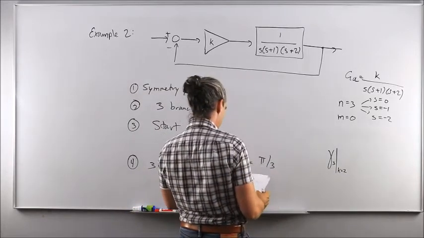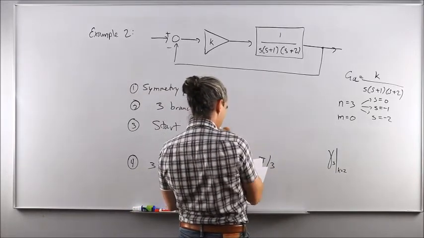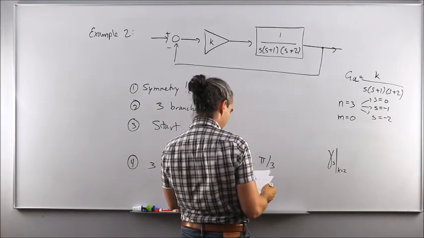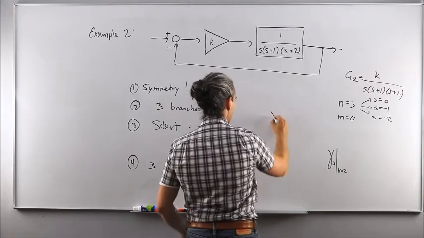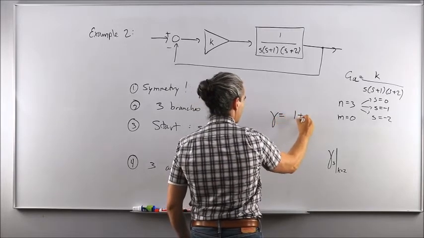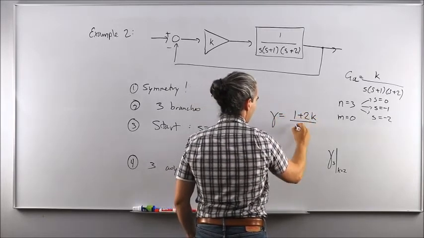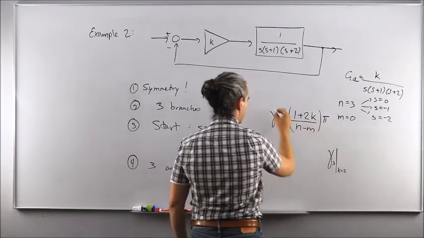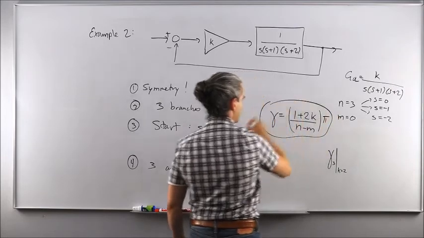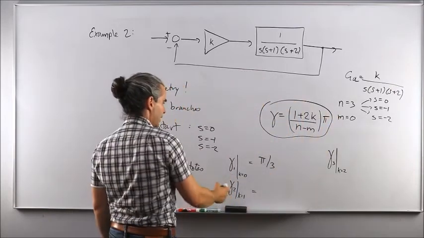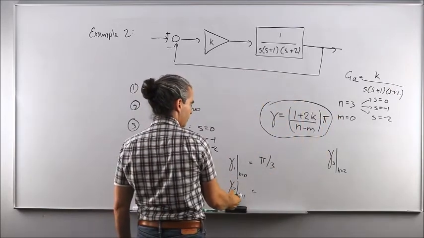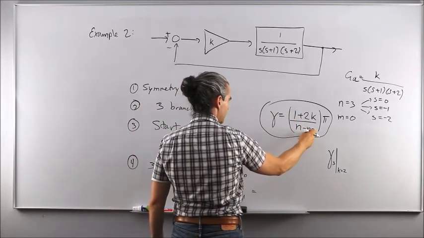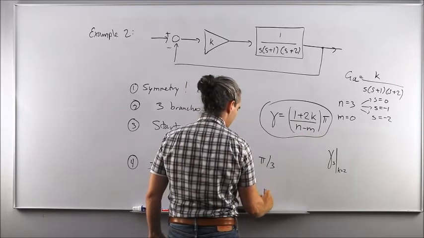That's what I gave you, I believe, in the step-by-step procedure, but the way I've used it in my example was with the minus, okay? Gamma is 1 plus 2k over n minus m times pi. Sorry about that, my bad. So then I'm evaluating gamma with k equal 1: 1 plus 2, 3 over 3 times pi. So that one's at pi.